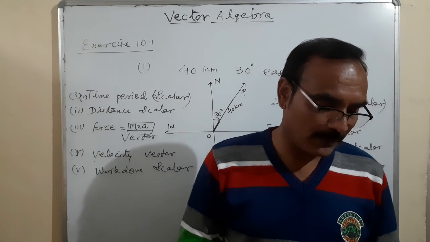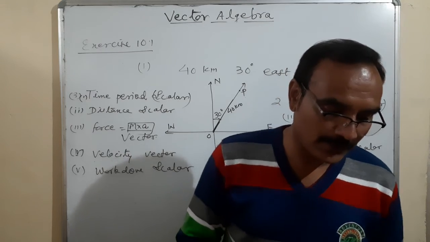Next is coming in figure 10.6. I square identify the following vector. One diagram is there.